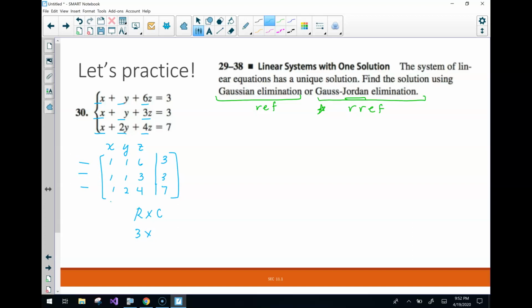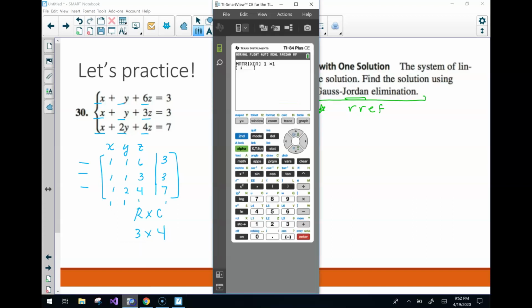Columns go this way, 1, 2, 3, 4 columns. So our size for this matrix is a 3 by 4. So put in our 3, we'll put in our 4, and we're now ready for coefficients. 1, 1, 6, 3. Next equation, 1, 1, 3, 3. Third equation, 1, 2, 4, and 7.